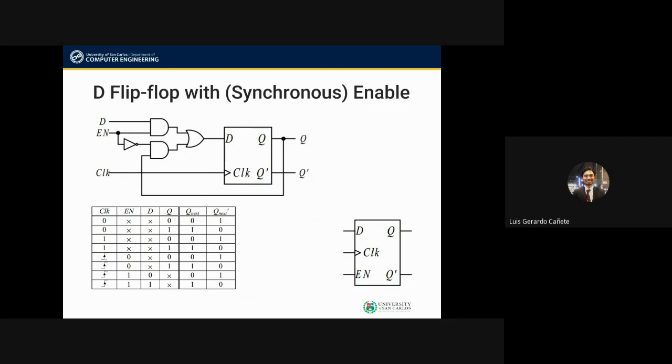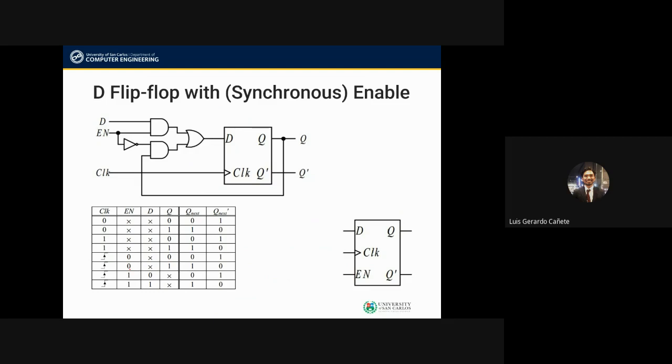So when the rising edge is going to happen and enable is equal to 0, regardless of the value of D, the Q next is going to copy the value of Q. So it's like a second layer of enable for your D, but it actually depends on the clock. It waits for the transitions. It doesn't override the value directly, asynchronously.